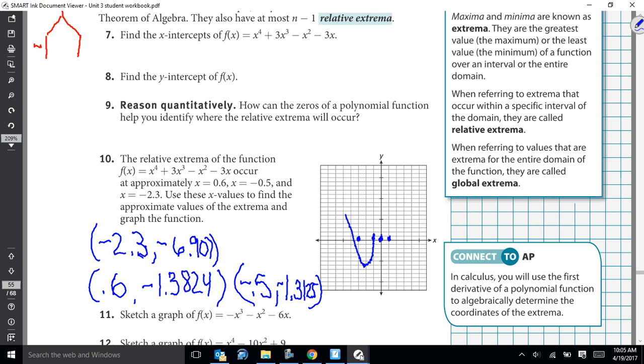Is it negative or positive? I got positive. The same number? And then this one. I missed that zero. It's supposed to be going through that one. So our graph is going to look something like that.